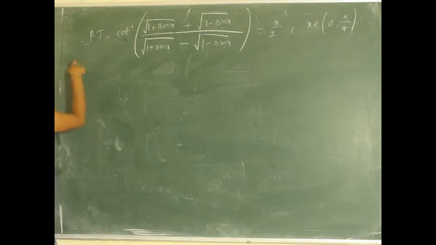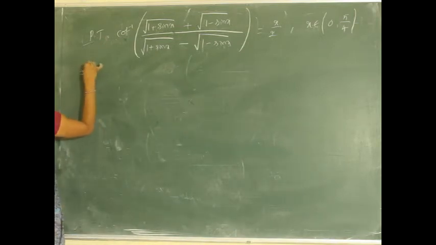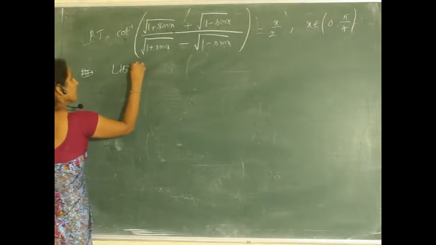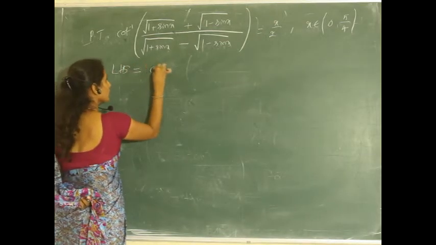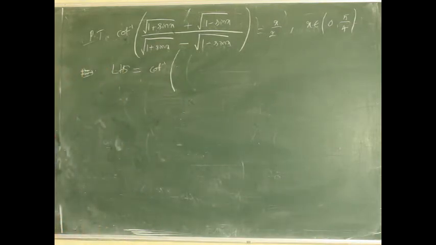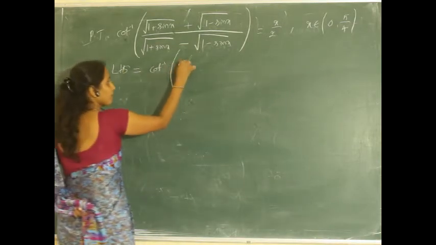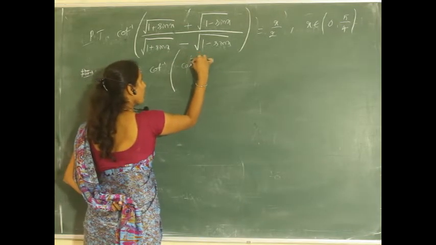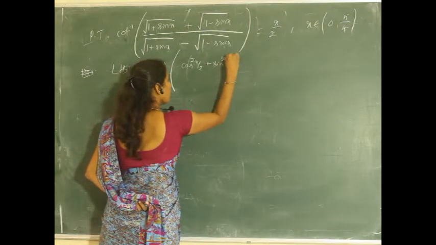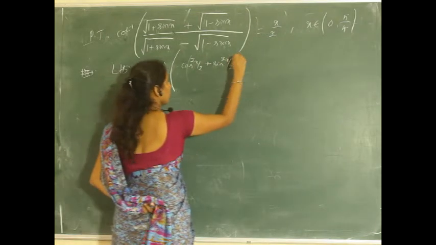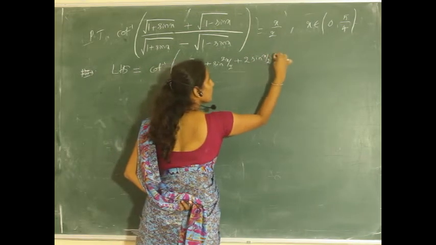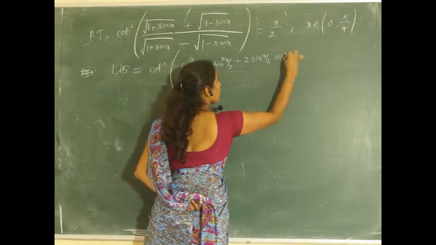So the left hand side will be cot inverse of, so I will write 1 as cos square x by 2 plus sin square x by 2 plus 2 sin x by 2 into cos x by 2.